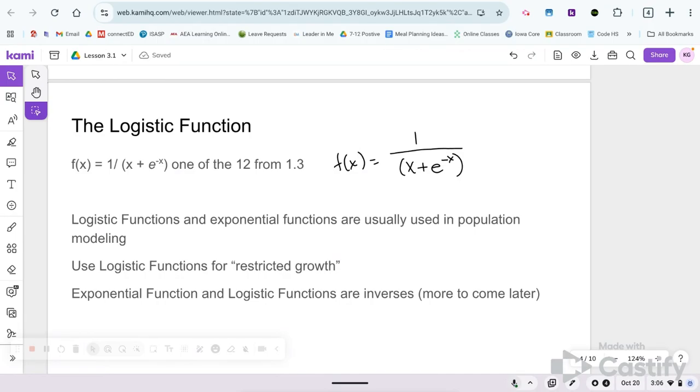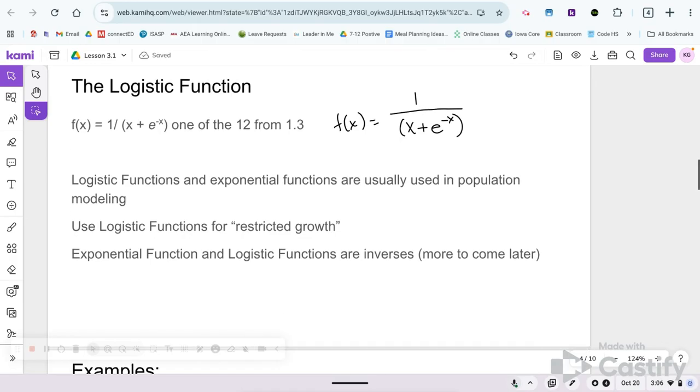The city itself keeps trying to grow up and expand. However, the city limits are not changing, and so they're still growing, but it's restricted growth. So we're going to use that a lot in population modeling. We're going to talk a little bit later about how exponential functions and logistic functions are inverses of each other. And like I said, we'll talk about that a little bit more later.